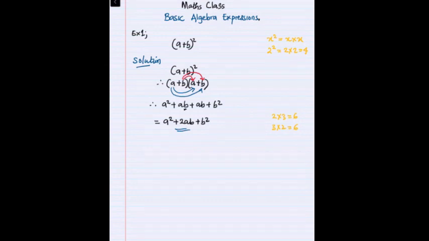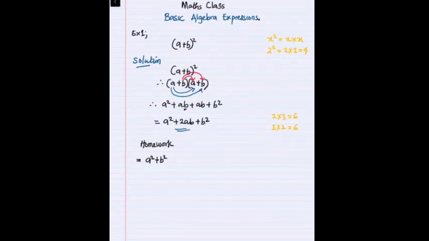Now, if you believe you understand very well this simple example and the process used to solve this algebra, I want you to take a homework: a squared plus b squared.